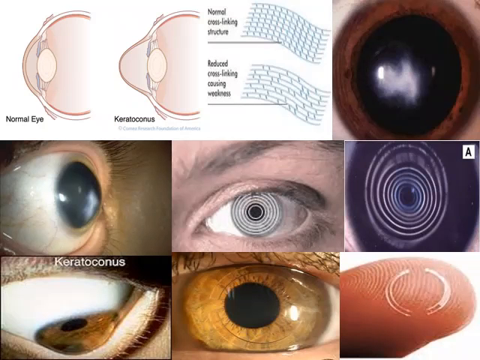This slide shows you the normal eye and the keratoconus eye, how the cornea protrudes more forward, and this is called corneal steepening and protrusion in a patient with keratoconus.